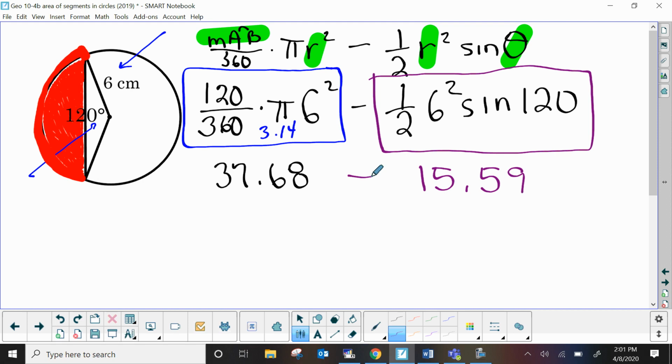All right, so this first part, the 37.68, that's the area of the entire sector, right? The 15.59, that's the area of this triangle. So if I subtract the area of the triangle, that's going to leave me with the area of the segment.